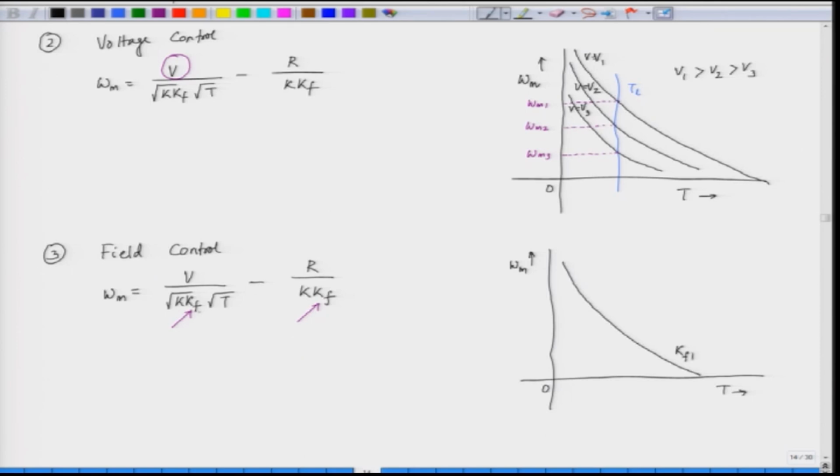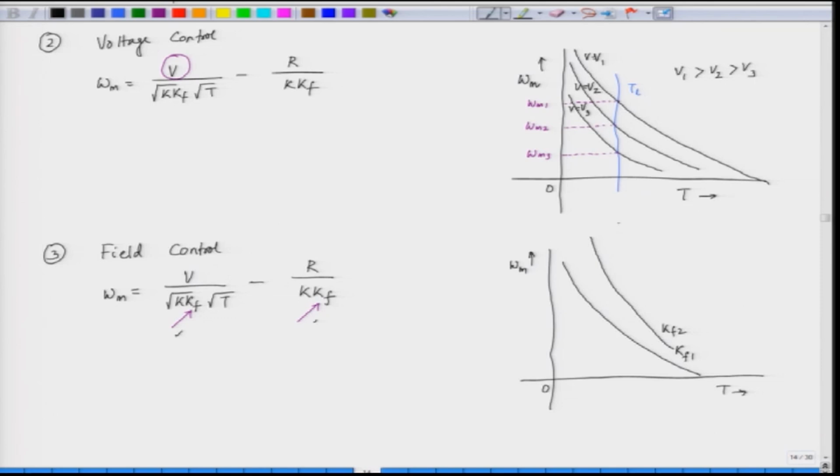Now, when we decrease this Kf, the no load speed increases and the negative term also increases. So, the speed torque characteristic will change in the following fashion. This is for Kf 2. We further reduce the value of Kf. In that case the no load speed will increase and the negative term will further increase.